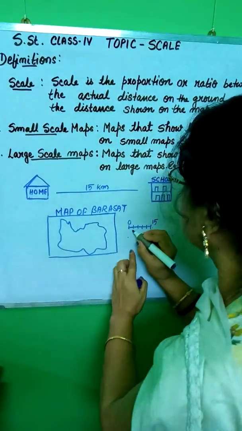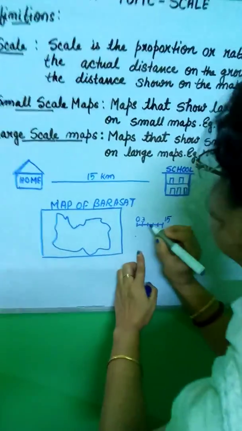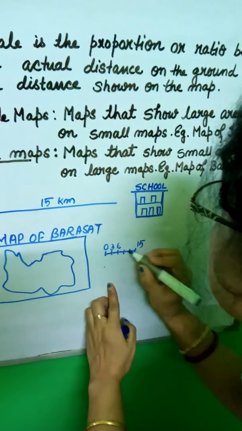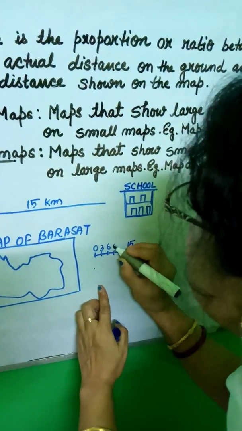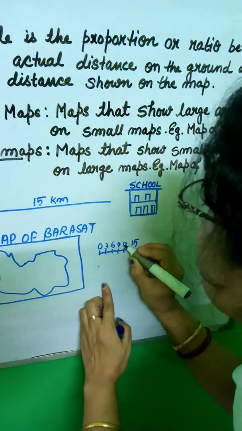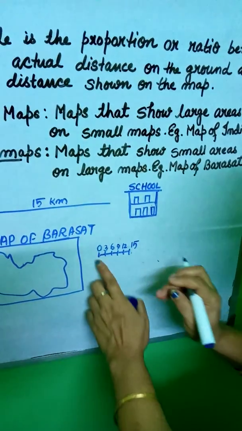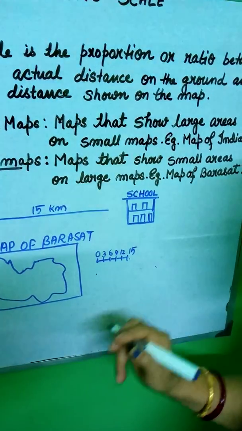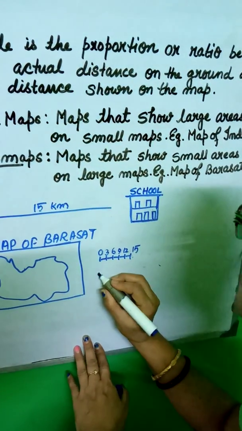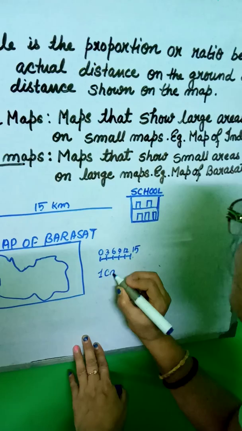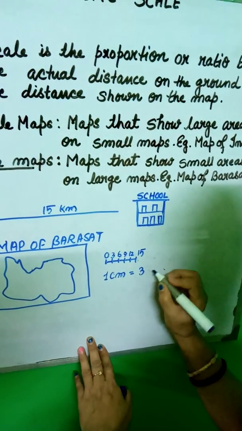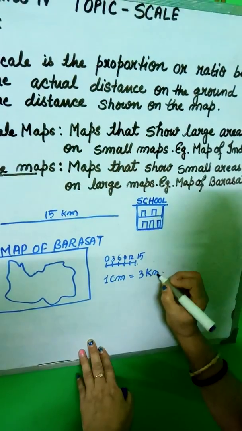Then 3, 6, 9, 12, 15. Then 1 centimeter is equal to 3 kilometers.